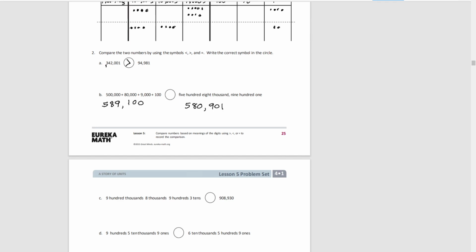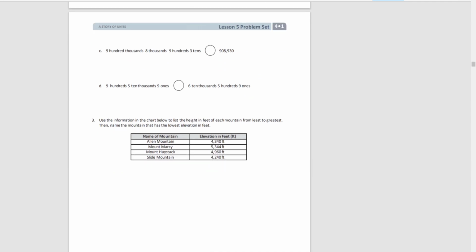So looking at these two, the 100,000s are the same, the 10,000s are the same. The thousands, 9 is greater than 0, therefore 500,000 plus 80,000 plus 9,000 plus 100 is greater than 580,901. Okay, pause the video and try C.